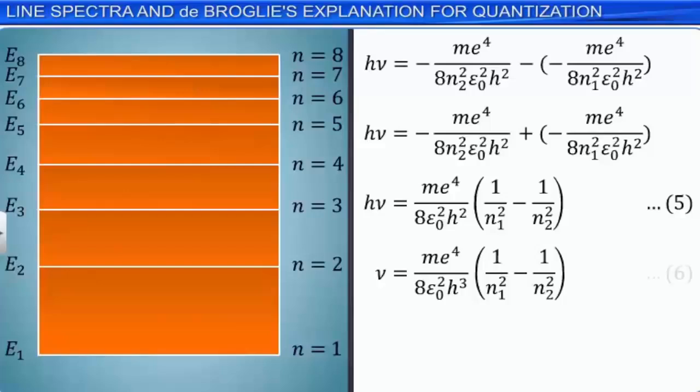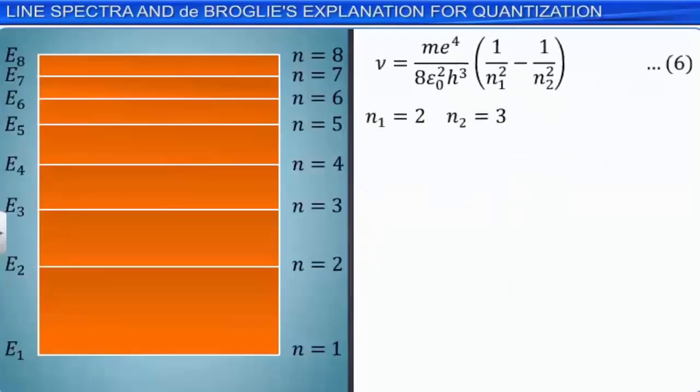Substituting n1 is equal to 2 and n2 is equal to 3 in equation 6, we get nu is equal to m e to the power 4 by 8 epsilon naught square h cube into 1 by 2 square minus 1 by n square.